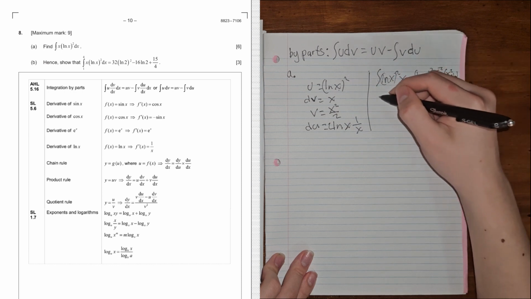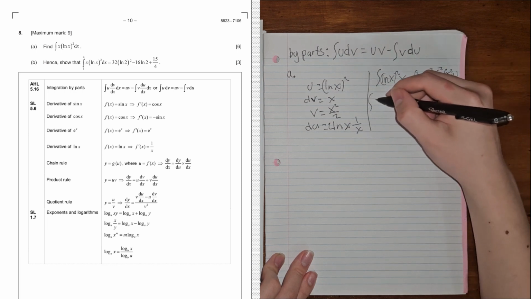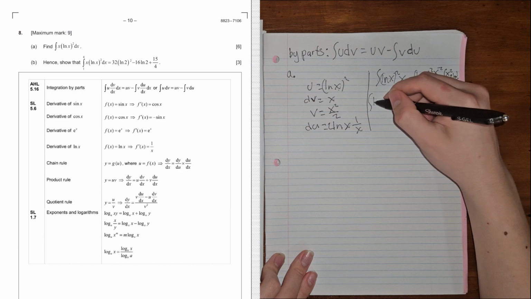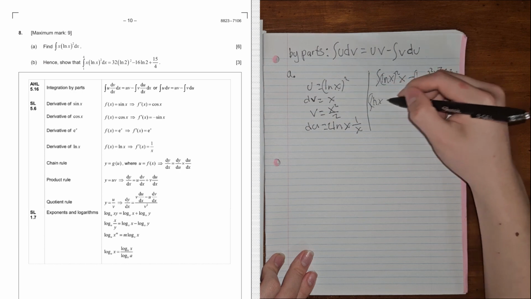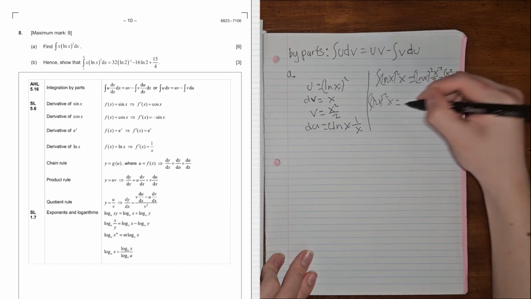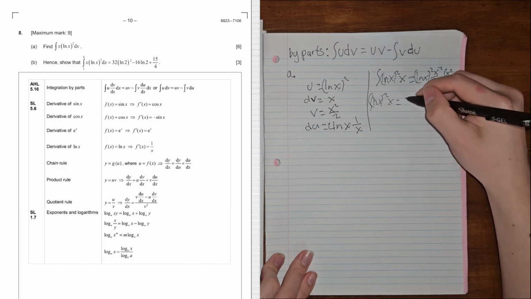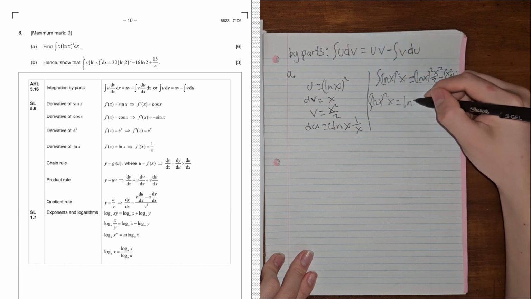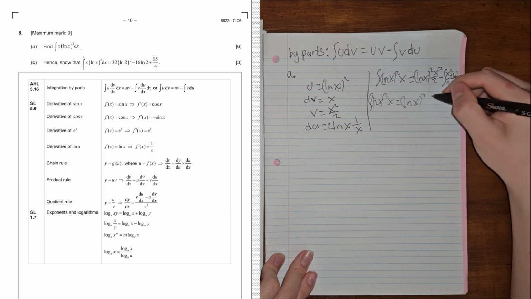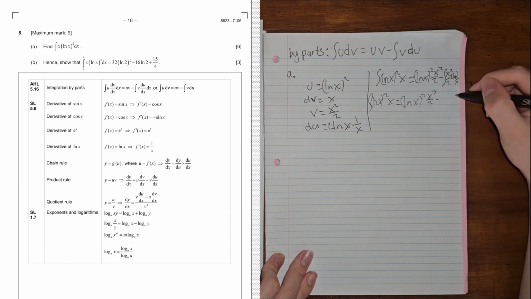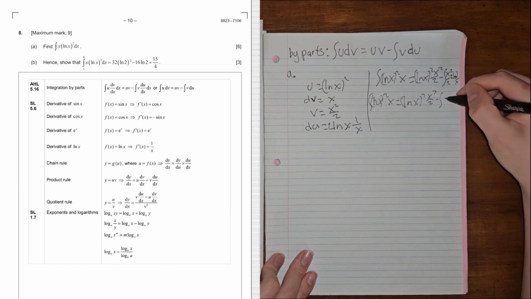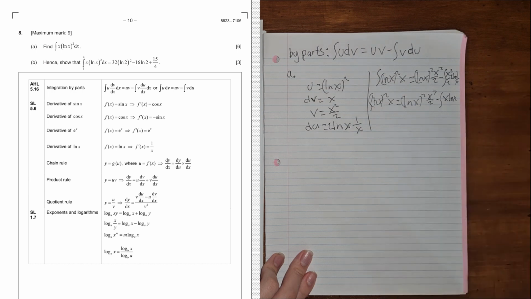So that means we now have the integral of x ln x squared is equal to ln x squared times x squared over 2, minus the integral of x ln x.